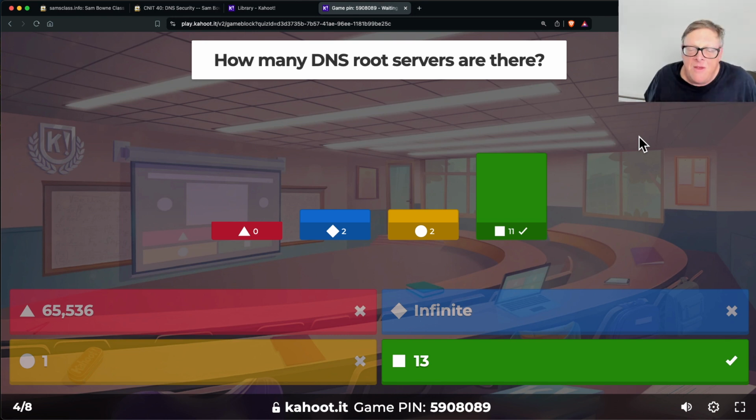The reason they only have 13 domain names is because originally DNS was limited to 512 bytes of response, and you can only fit 13 addresses in that. So that's the amount of information you can get in one response. That's no longer true, as you can see, now that you have those big signatures, so we're getting more than that. But that was how it was originally limited to the number 13.